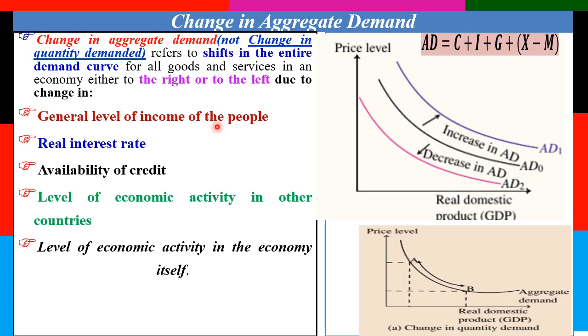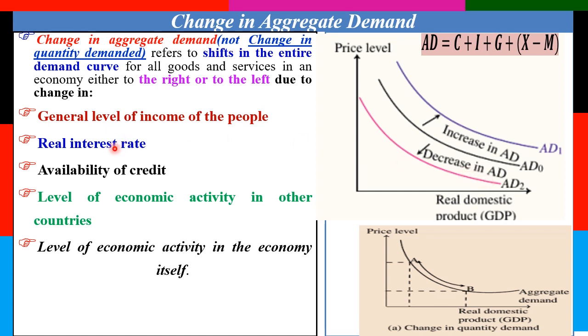If the income of the people is increasing, then the aggregate demand shifts from this black line to the right to the blue one, and this implies an increase in the aggregate demand. If the income of the people decreases, the aggregate demand shifts inwards to the left from the black line to the pink one, and this implies a decrease in the aggregate demand.